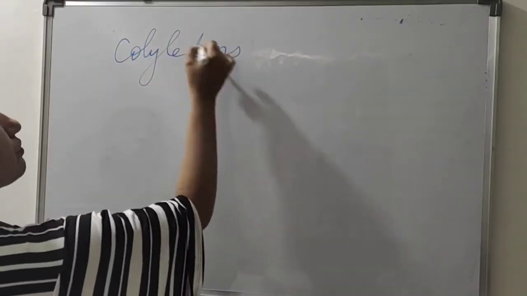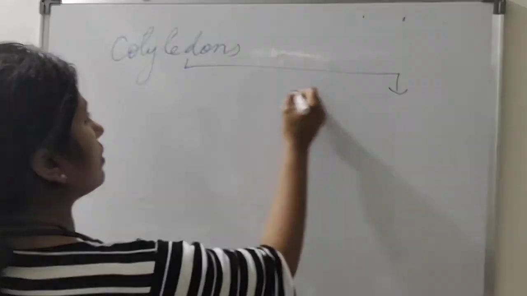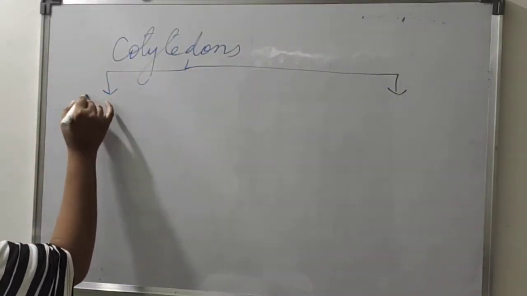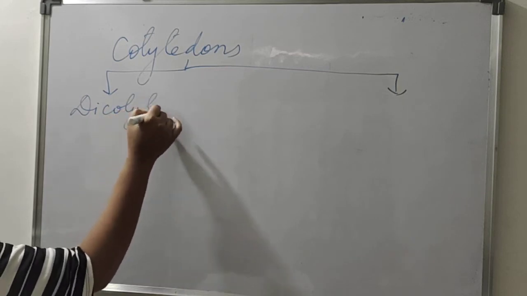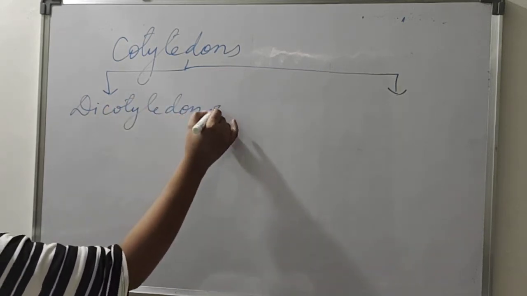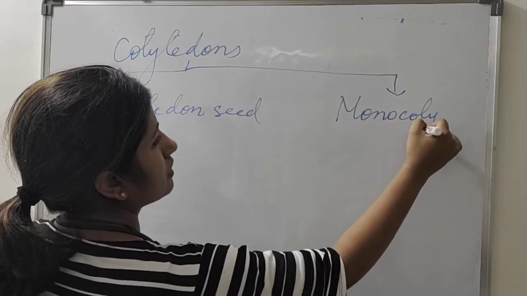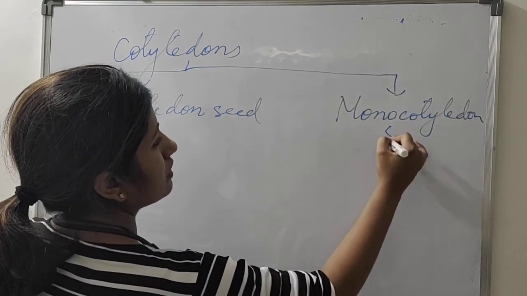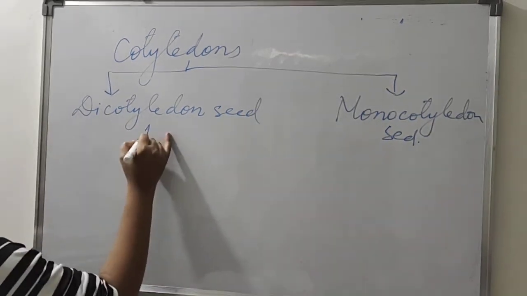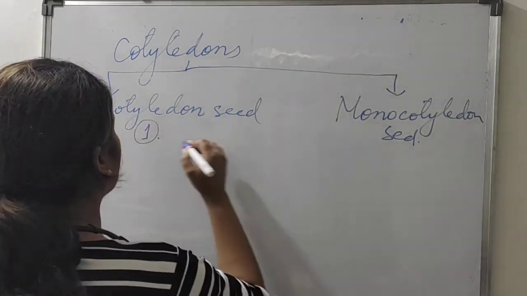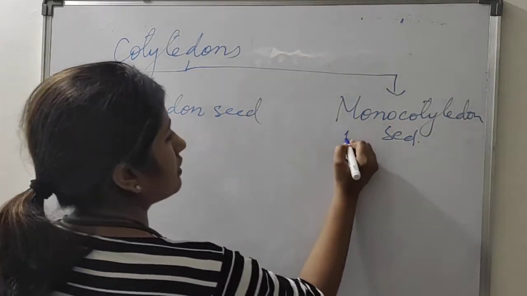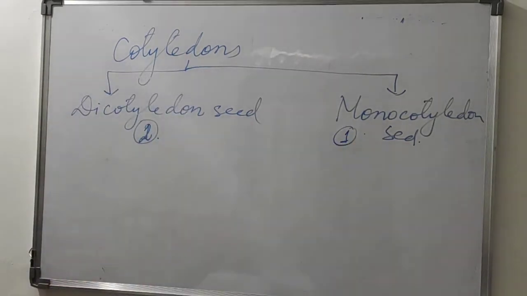Based on the number of cotyledons, there are two types of seeds: dicotyledonous seeds and monocotyledonous seeds. It means a seed which has only one cotyledon, and here it has two cotyledons, here it has one cotyledon. So you will see the structure.